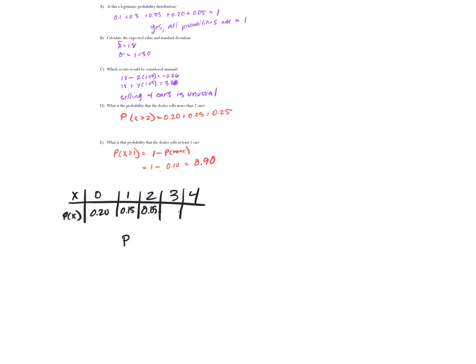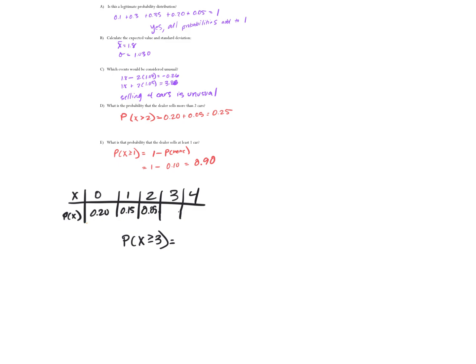And I want to know, what is the probability x is greater than or equal to 3? The possible outcomes in this setting are anywhere between 0 and 4. But I'm only going to give you the probabilities for 0, 1, and 2. But I want to find bigger than or equal to 3. So I don't know these two things, correct? Everybody good?